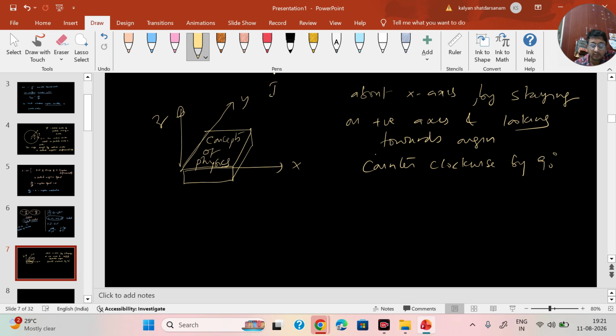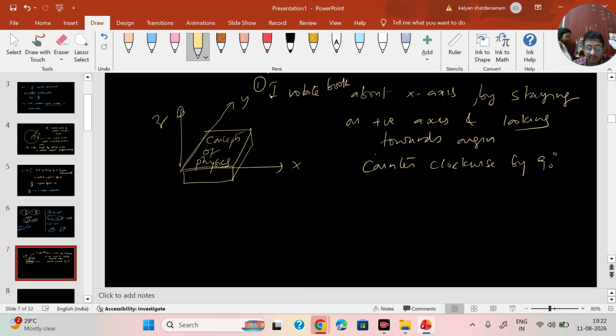So how am I rotating about the x-axis? I am staying on the positive x-axis, looking towards origin, and I assume the x-axis like a rod passing through the book, and I rotate the book by 90 degrees counterclockwise, anti-clockwise.